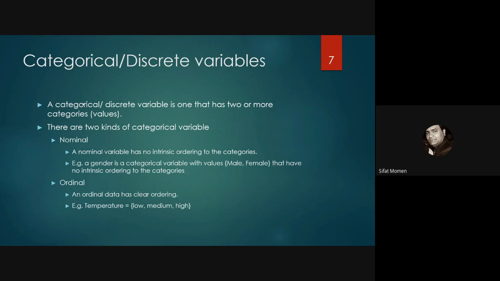Now, there are two kinds of categorical variables. One is called a nominal categorical variable. The other is called an ordinal categorical variable. What's the difference? In a nominal categorical variable, take for example gender.